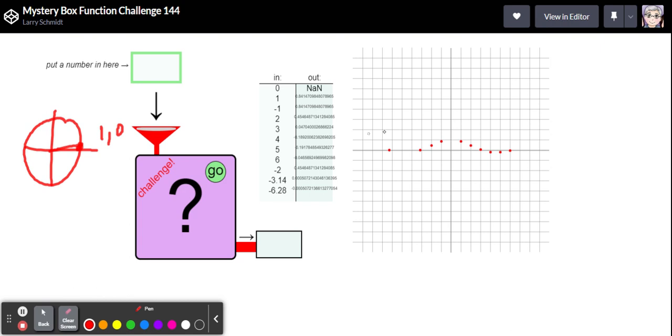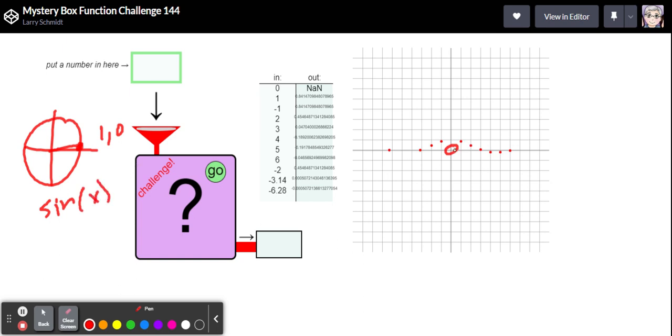So sine would be 0, but we get undefined at 0. There's a hole in the graph there for some reason. So I think it's more than just the sine of x, clearly. But at pi and negative pi, we're getting very close to 0. At 2 pi, at negative 2 pi, we're basically 0. And those are places where sine would be 0. So I think sine has something to do with this.